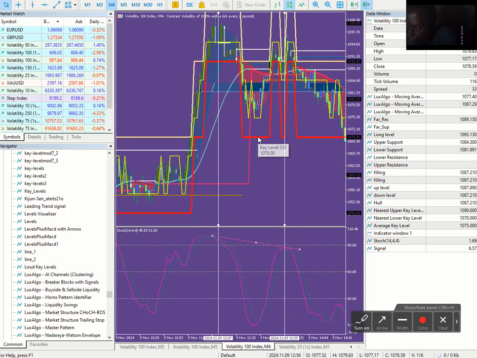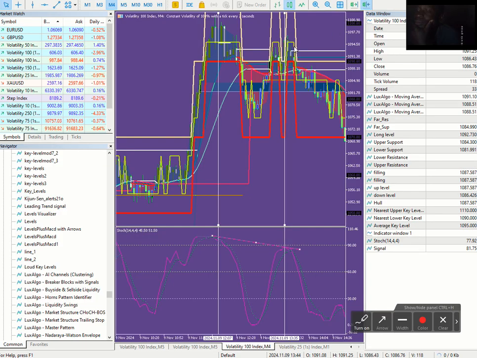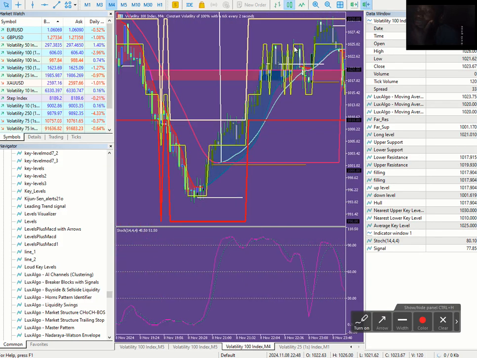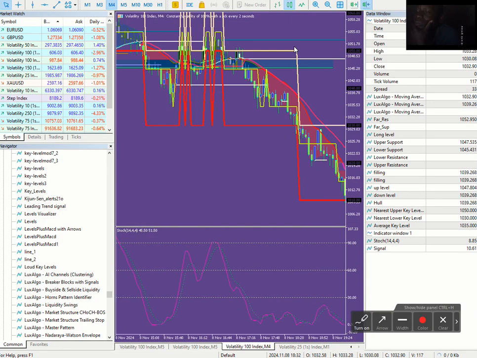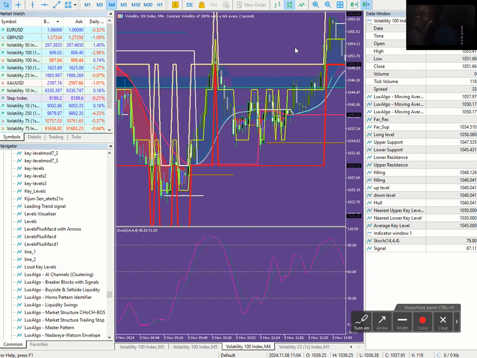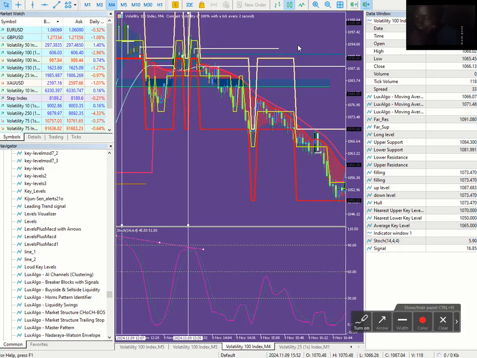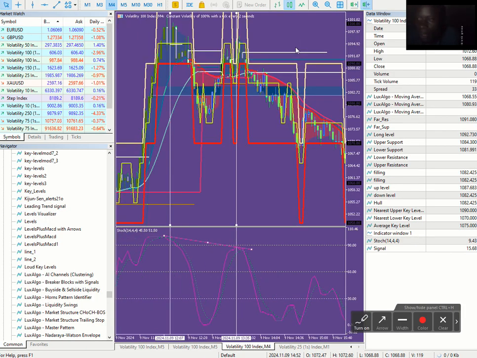Loud key levels is already showing that there's some drop. So that's what is happening.